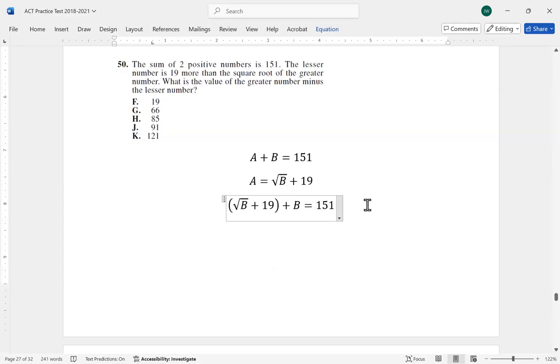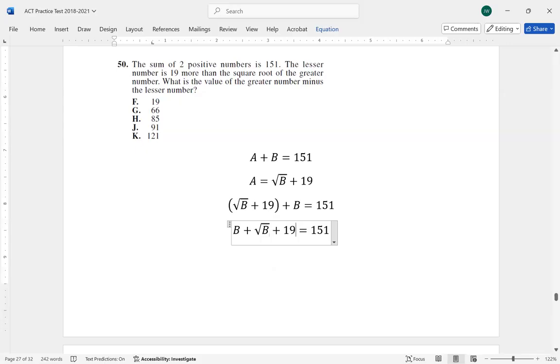That gives me square root of B plus 19 plus B is equal to 151. And now I would solve this for B. I'm going to reorganize this, putting the B plus the square root of B plus 19 equals 151. And then I'm going to subtract 151 from both sides.